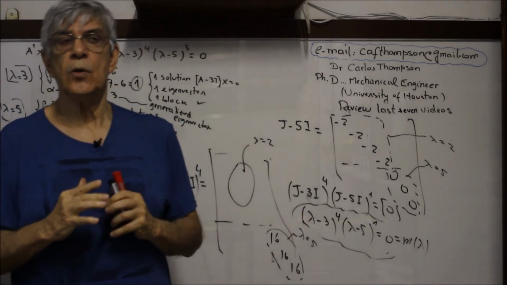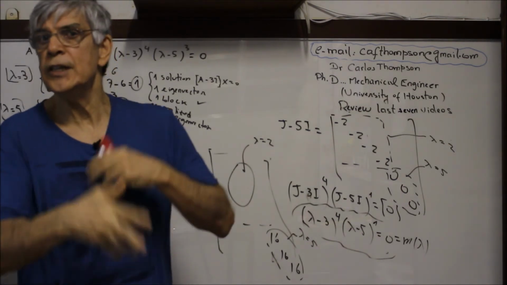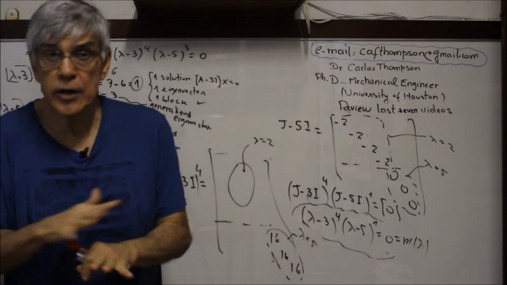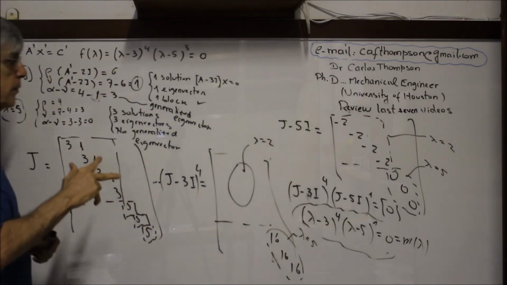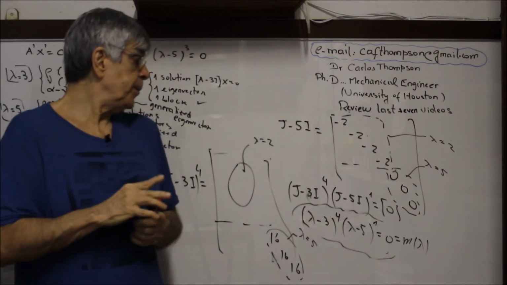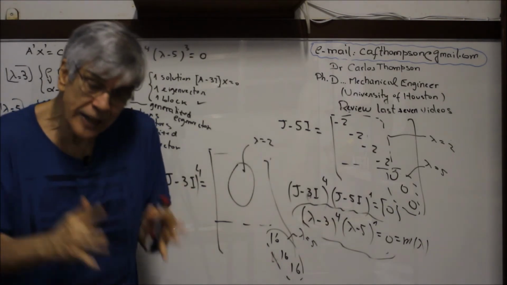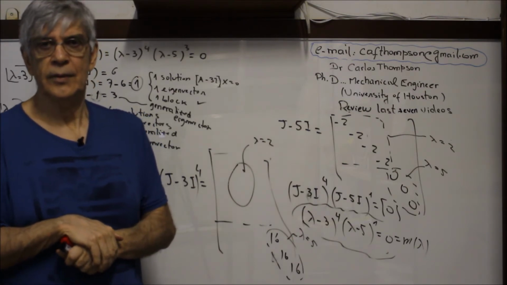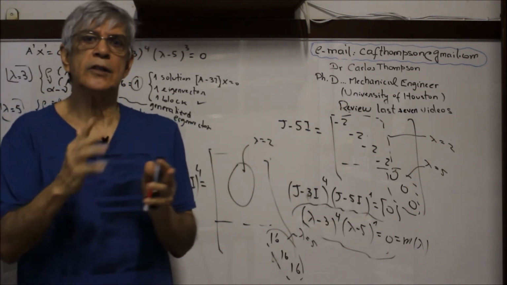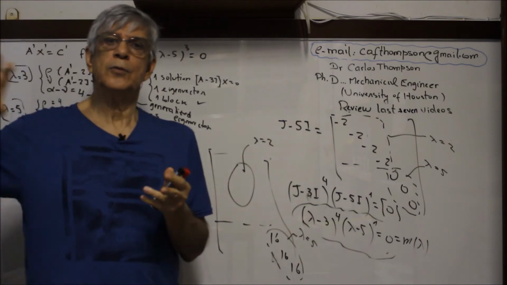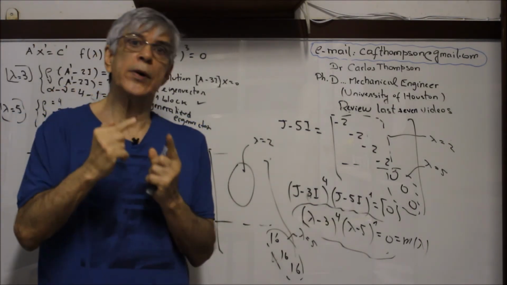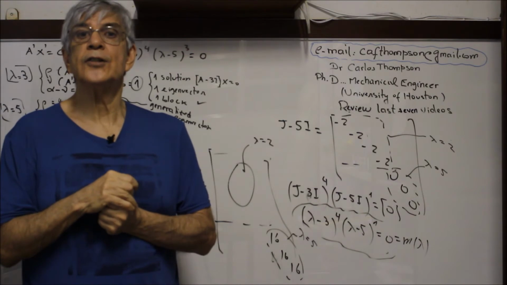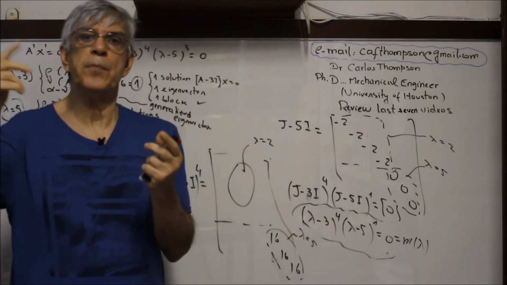You see how, to understand or to manipulate, to deal with the minimum polynomial, which does not interfere in the solution of this equation, you must know about those initial blocks that I showed you, such that when you take J minus lambda I, you see those blocks there, and you know which power I will be dealing with, such that J minus 3I to the power 4 is 0.